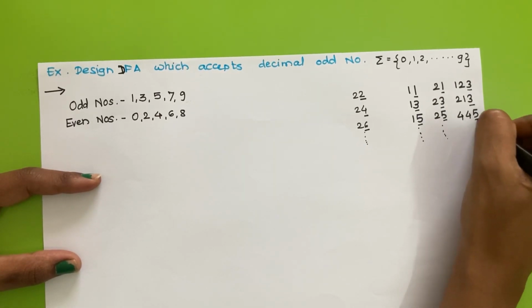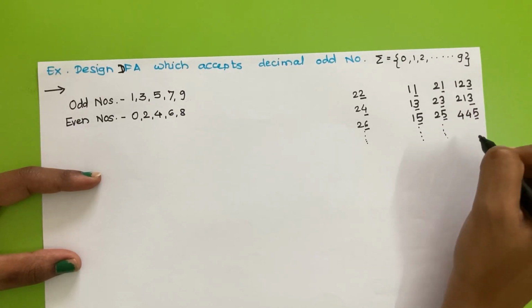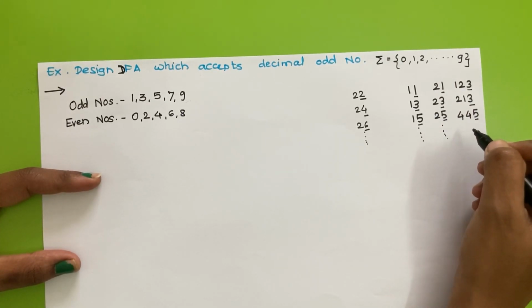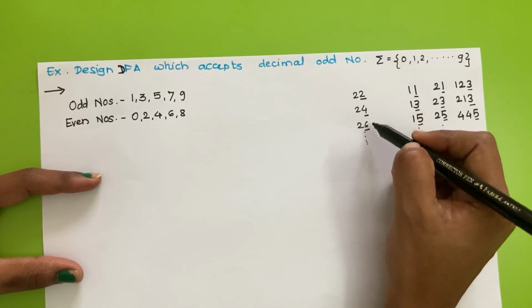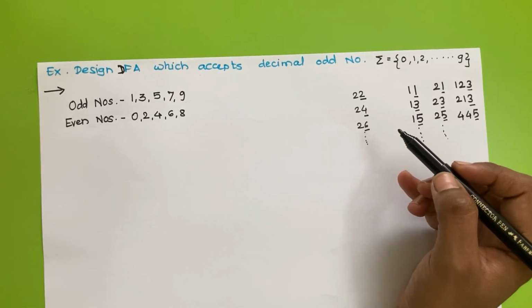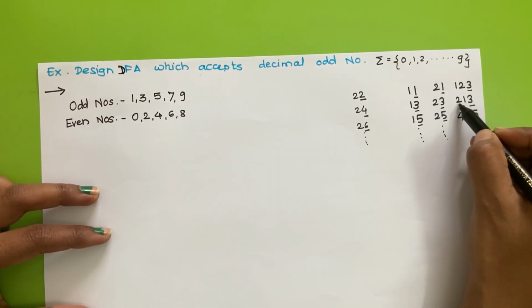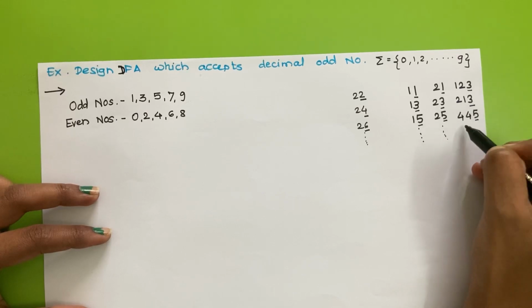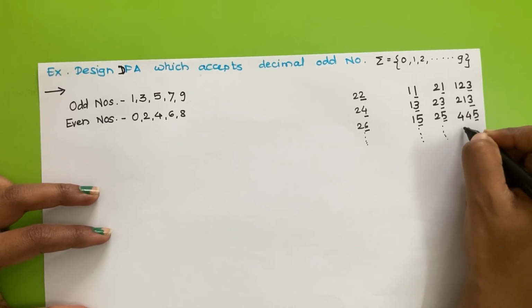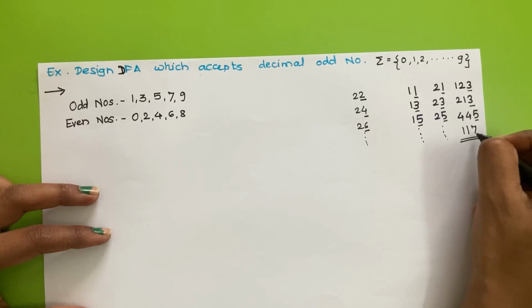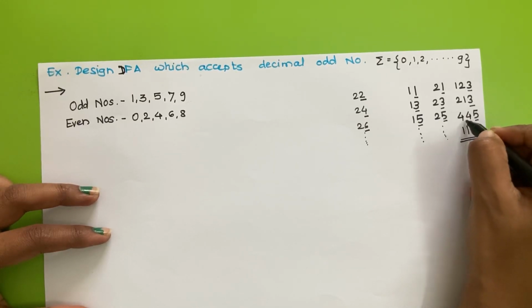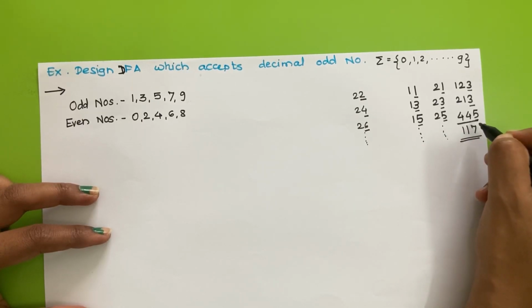All the numbers that end with an odd digit are totally odd numbers, and the numbers that end with even digits are always even numbers. Here we have an even digit and an odd digit, here even again, 117. The total digits are odd, but still the number is odd. Here we have even digits followed by an odd digit, so the total number is again an odd number.